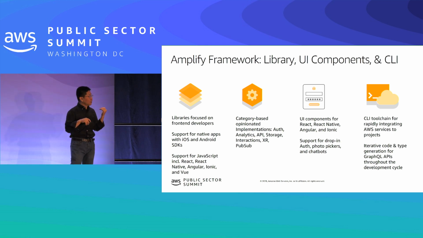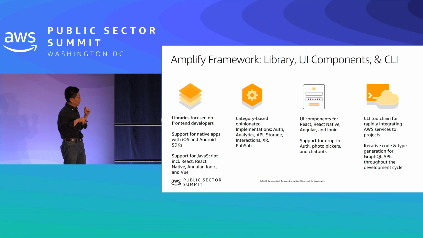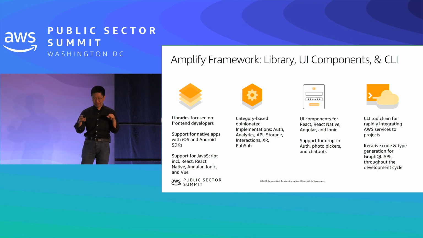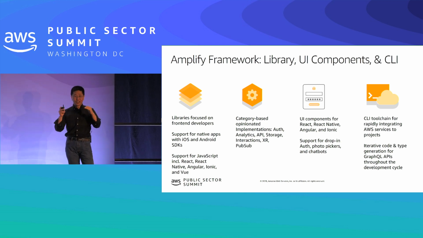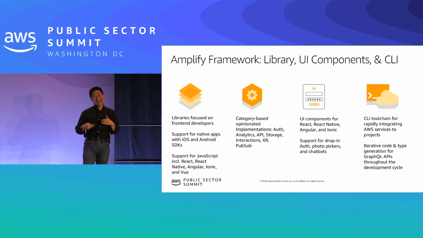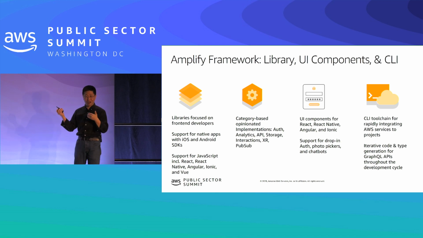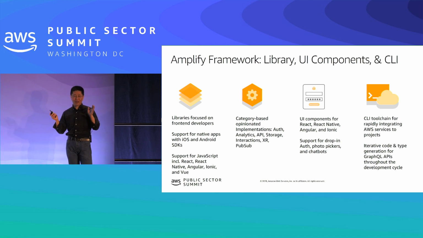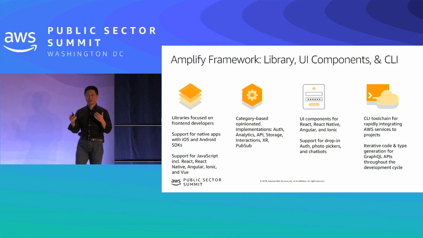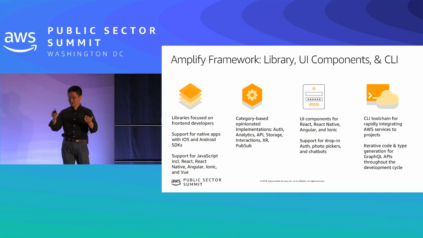And if you use the CLI, we allow you to add something called a category. The category could be different backend services. We're going to support analytics, different APIs, could be RESTful, could be GraphQL, which I'm going to talk about, and storage, pub/sub, all those types of things. So it's a really nice combination.